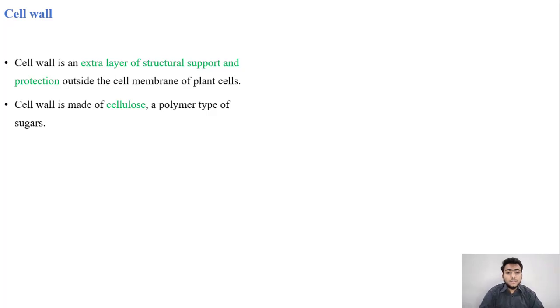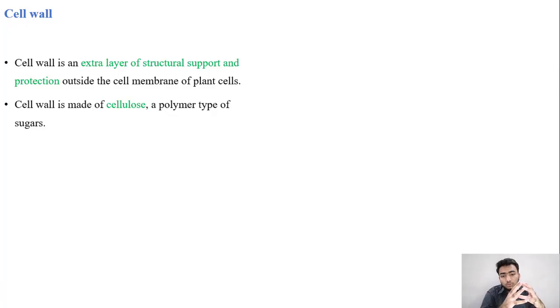So the cell wall is in turn made up of cellulose. Cellulose is nothing but a polymer. Remember, poly means many, and a polymer is a combination of many simpler monomers. Monomers are single unit sugar molecules.